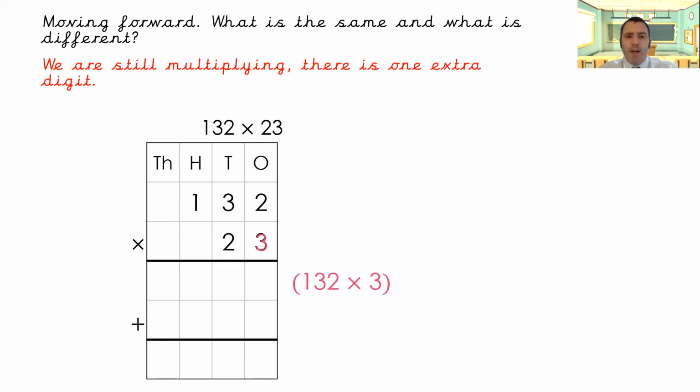So our first calculation is going to be 132 times 3. 3 2s are 6, 3 3s are 9, 3 1s are 3. The next step, exactly the same as we've been doing with 2-digit numbers.